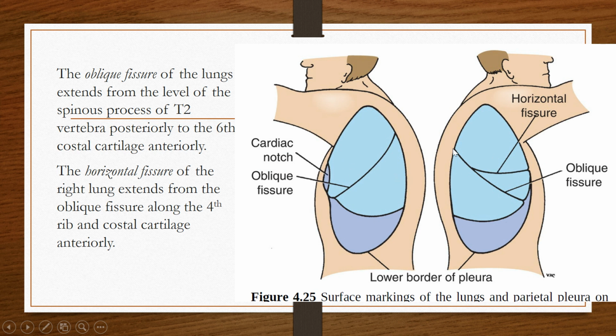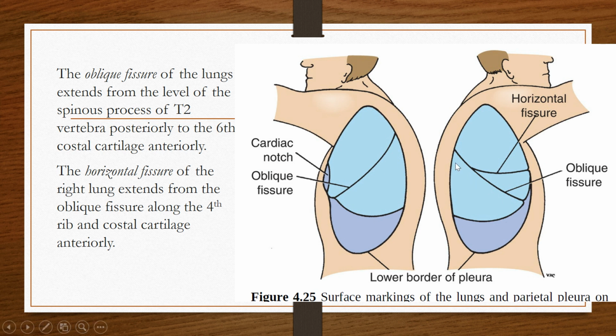Now, what is the surface marking of these fissures? The oblique fissure of both lungs, the right lung and the left lung, extends from the level of the spinous process of T2 vertebra posteriorly to the 6th costal cartilage anteriorly. These 2 points are very important.